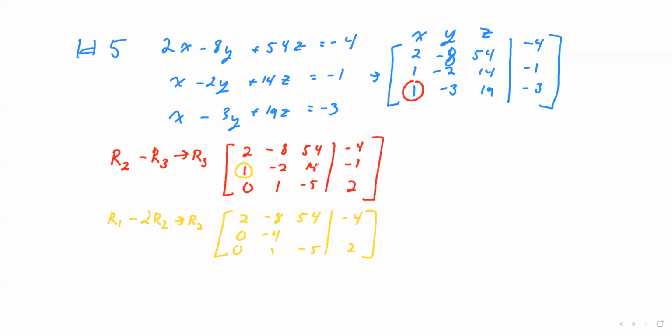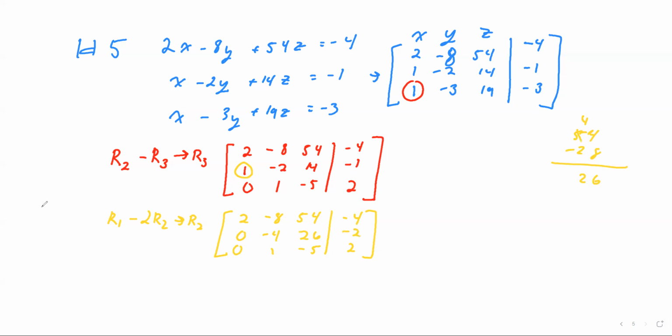What is that? 26. Woo, simple math. Yep, 26. All right, gives you 26 here. And then you have -4 plus 2 is -2.